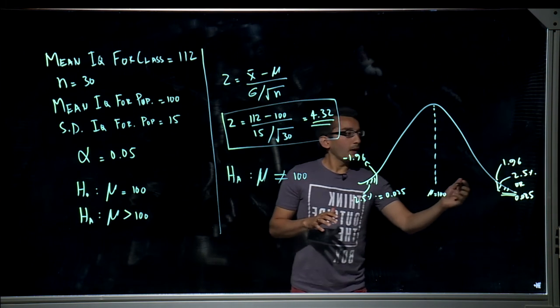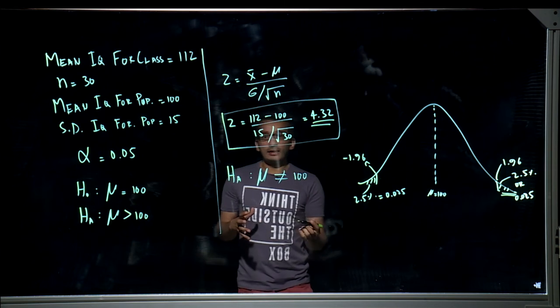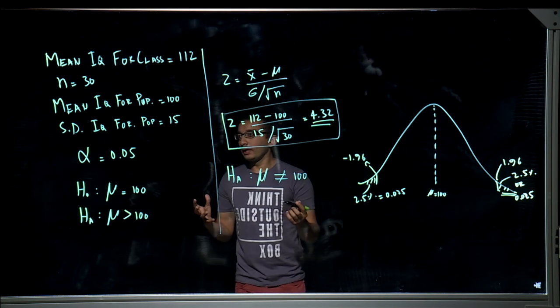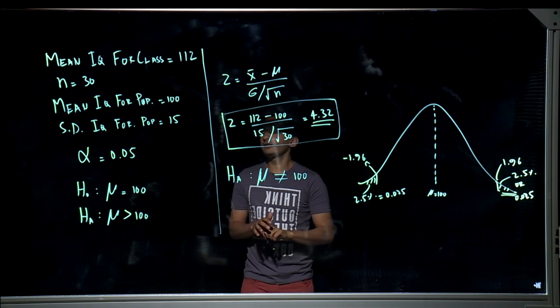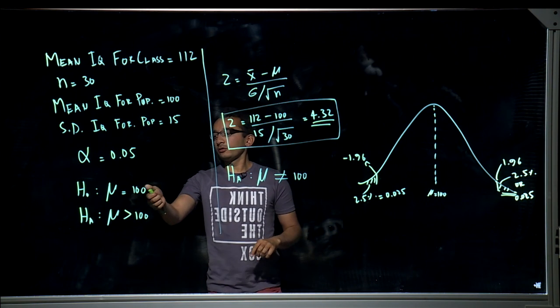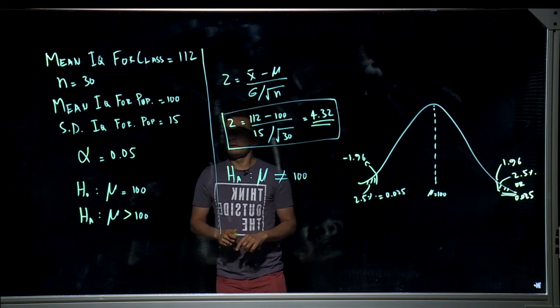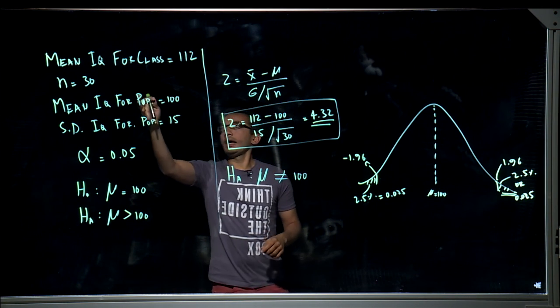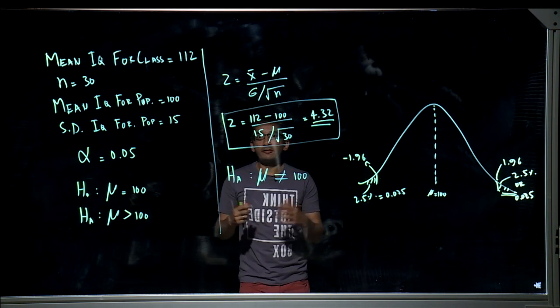So we can basically go on and reject the null hypothesis for this two-tailed case too. So we can say that the null hypothesis of mu equals 100 is rejected, and the mean IQ for the class is actually different than 100.